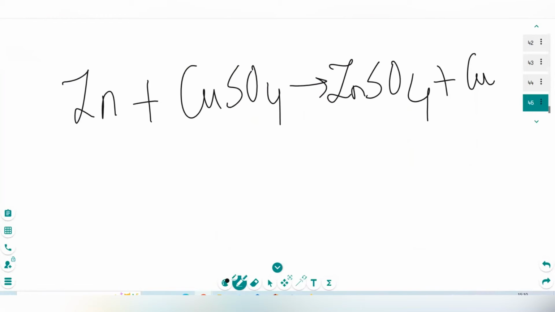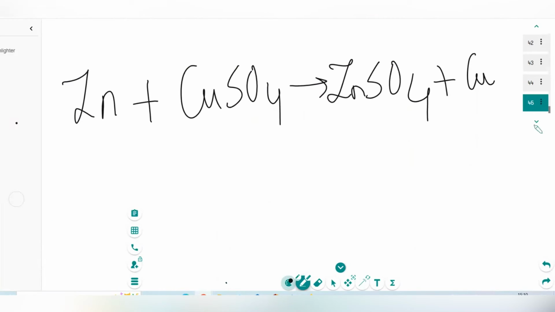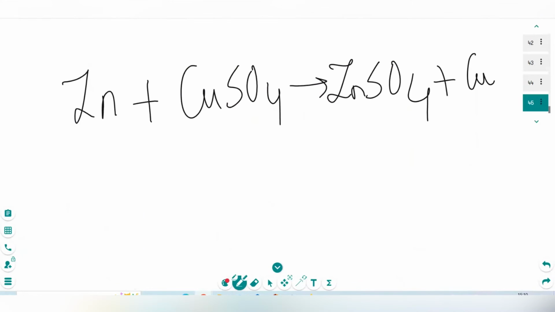Can you give me the charges on them quickly? These are in which form? Elemental. So zinc will be 0 and copper is 0. What is the charge on SO4? I think -1?